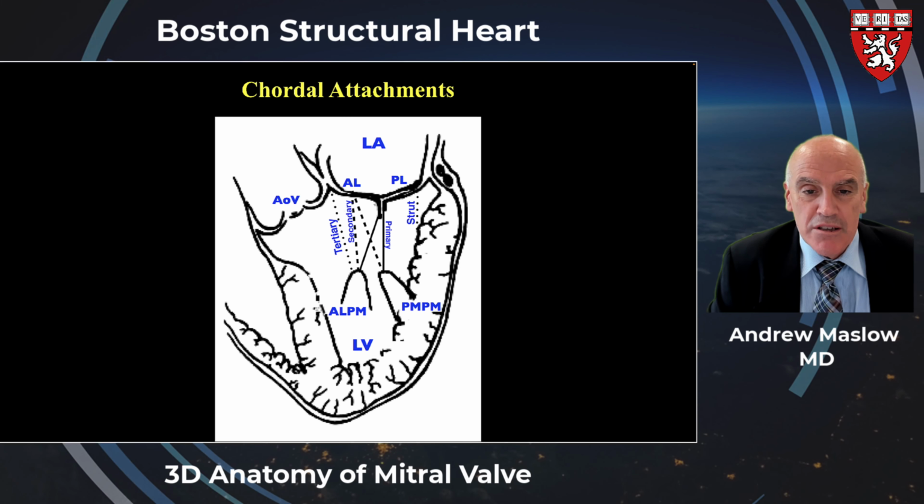As you can see, the chordal attachments come from different directions and attach to different things. The primary chordae, as mentioned, attach to the leaflet edges and prevent prolapse and flail. The secondary chordae attach from the papillary muscles towards the base of the leaflets and help maintain the shape of the leaflets, but also help maintain the shape of the ventricle. And strut and tertiary chordae attach from papillary muscles to the base of the annulus, or even from the ventricular wall to the base of the annulus.